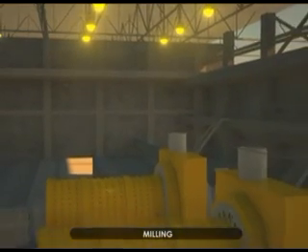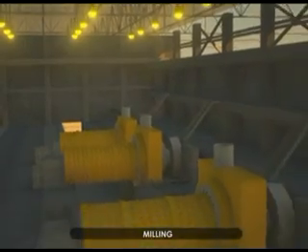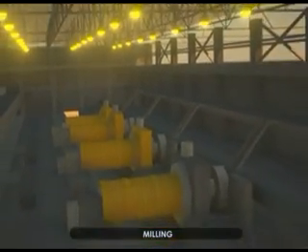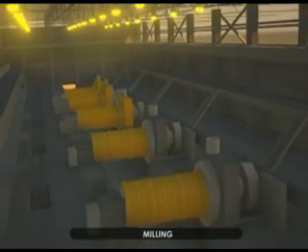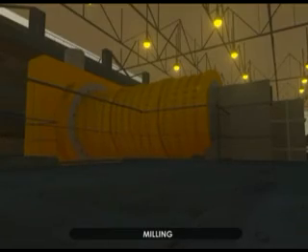Milling. Next, the crushed material is sent to the mills, where it is ground into a fine powder. This stage of the process uses water in order to release copper and molybdenum particles.